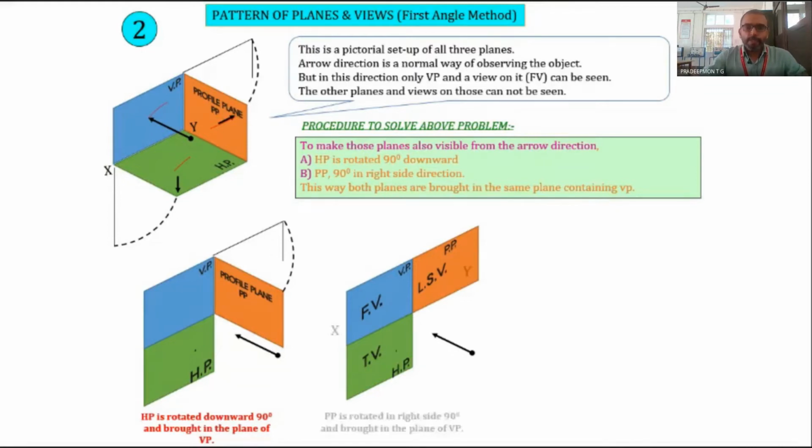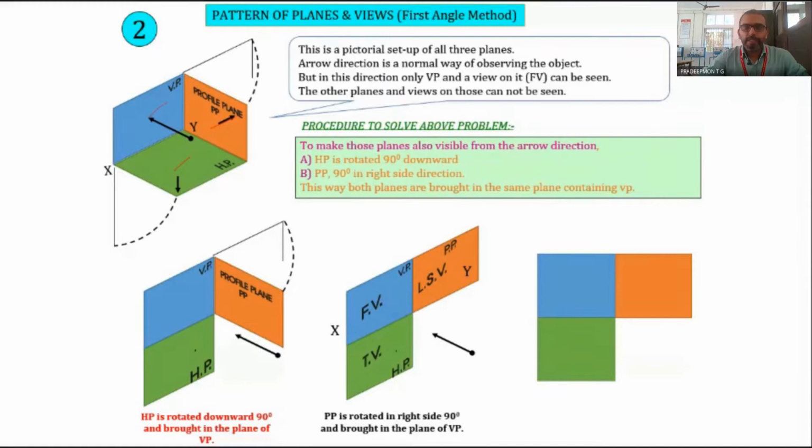So if we represent these three planes in two dimensions, this line represents the XY line, and the portion above the XY line represents the vertical plane. Towards the right, we draw another line in order to separate the vertical plane and the profile plane.